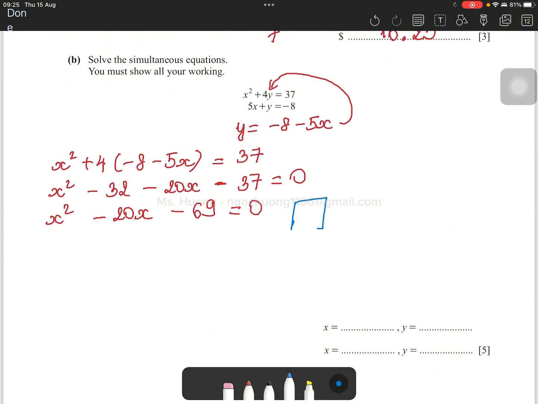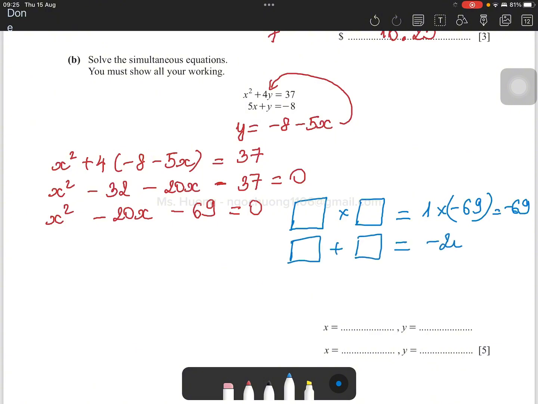To solve this equation, we need to find two numbers that multiply to be the product of the first and the last number, which is negative 69. And those two numbers must add up to the middle coefficient, which is negative 20. So those two numbers should be negative 23 and 3, because negative 23 add 3 equals negative 20.